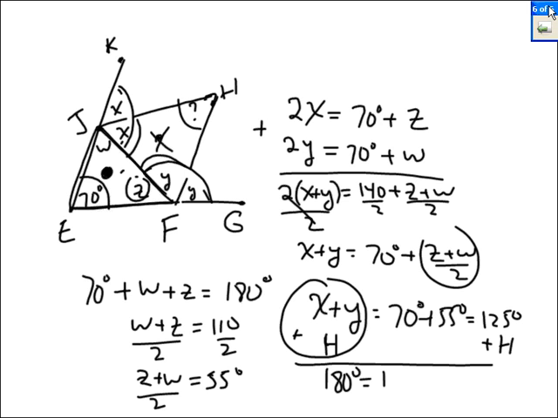And on the right side, you have 125 degrees plus H. Well, 125 plus 55 is 180. Okay, so we found the measure of angle H. Angle H equals 55 degrees.